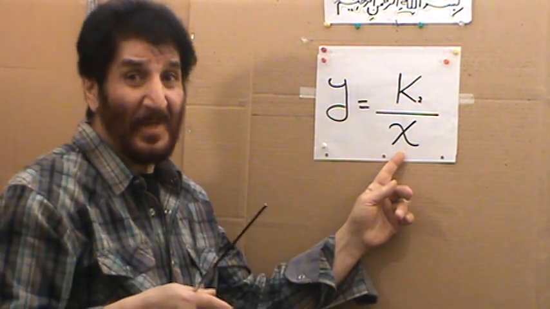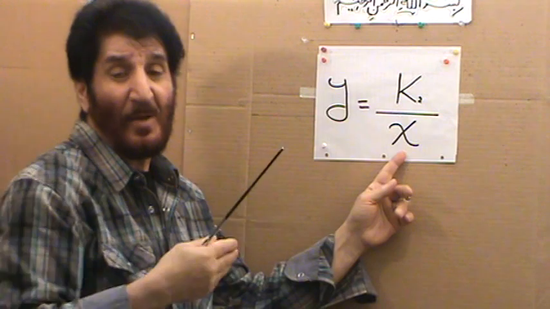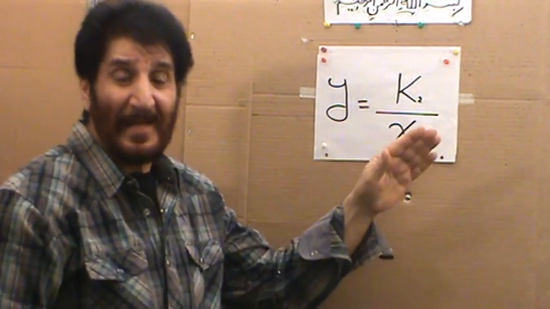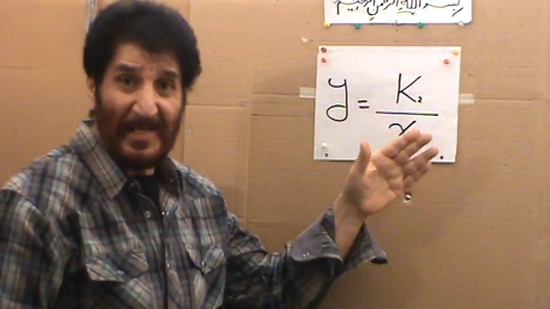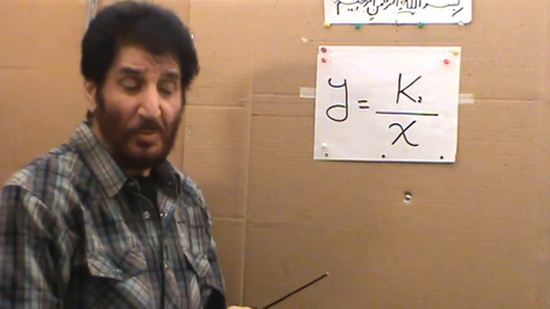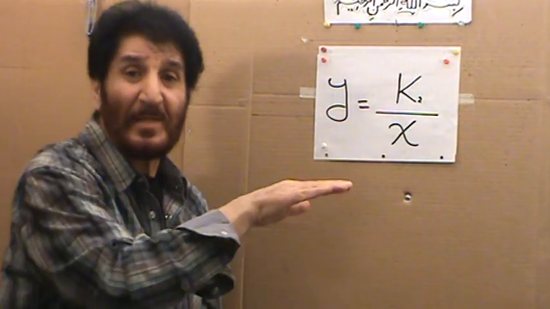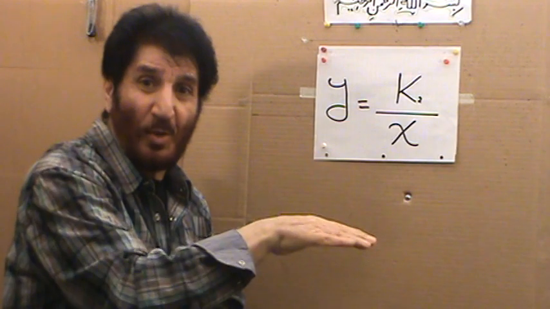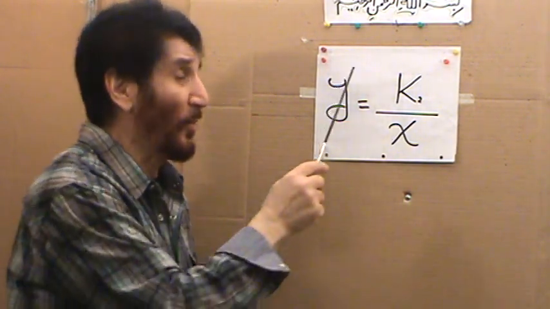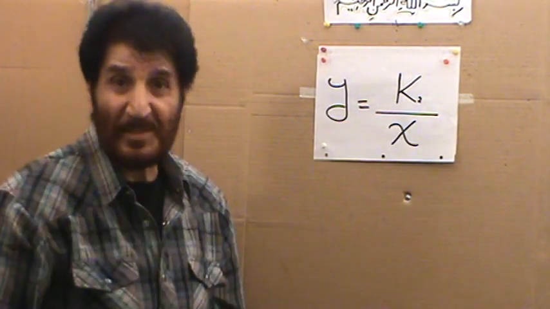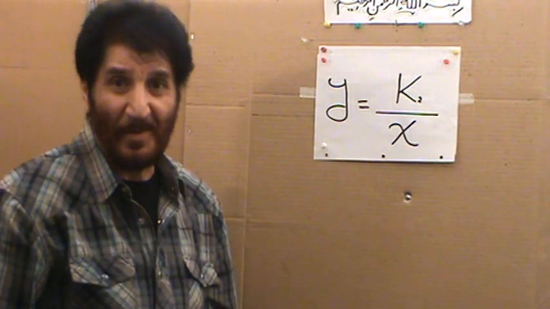Okay, I'm selecting my k bigger than 1. And when I go to the right, since k is bigger than 1, it will go toward the asymptote, but a little bit slower than the previous one, which was 1 over x, because my k2 is bigger than 1.